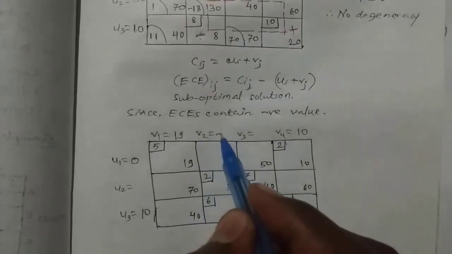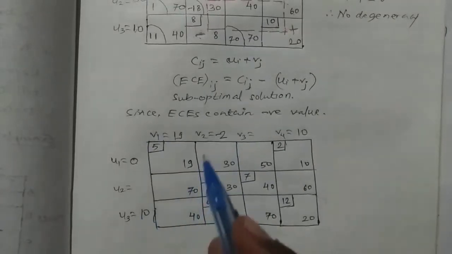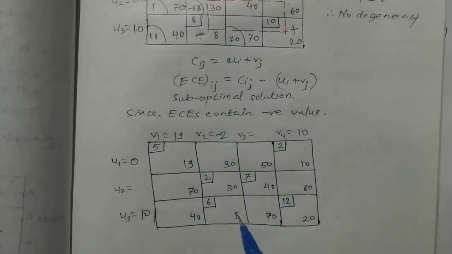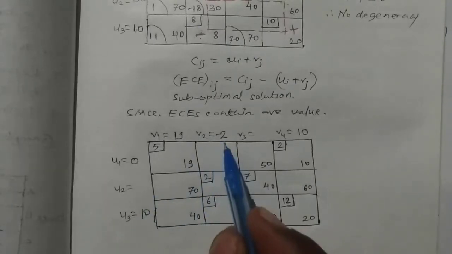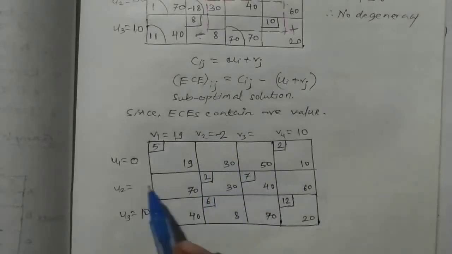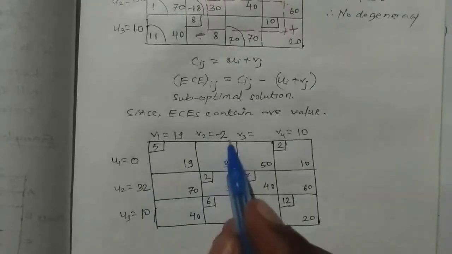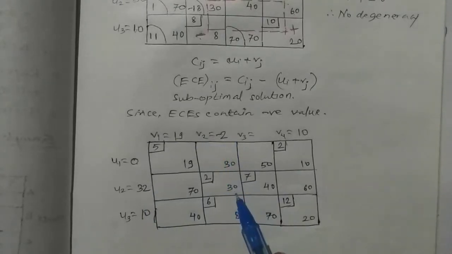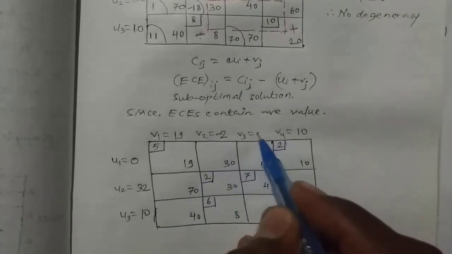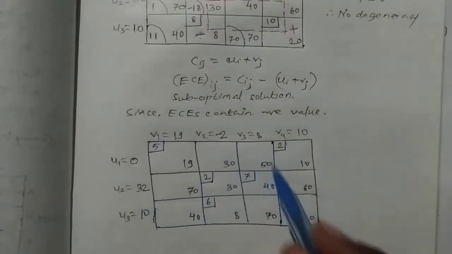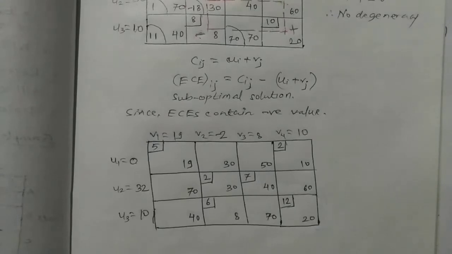So 10 plus minus 2, 8. Similarly, here addition of these two should be 30. So 32 plus minus 2 is 30. And here 32 plus 8. 32 plus 8 is 40.